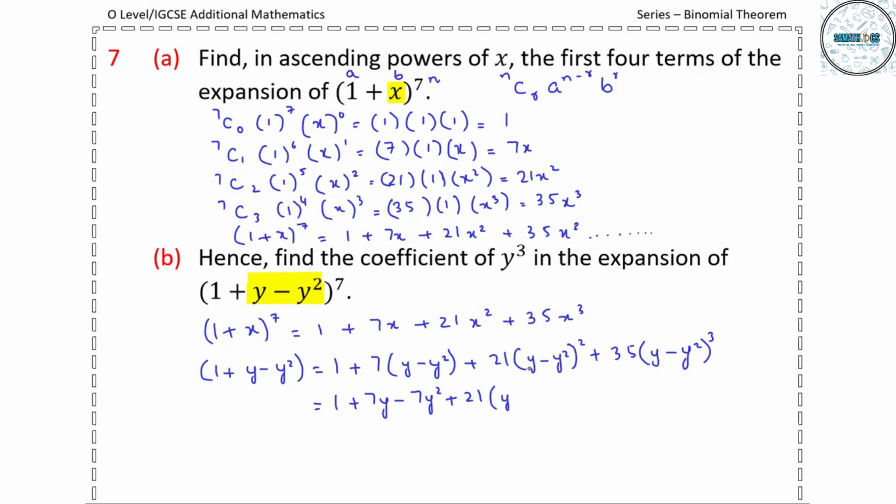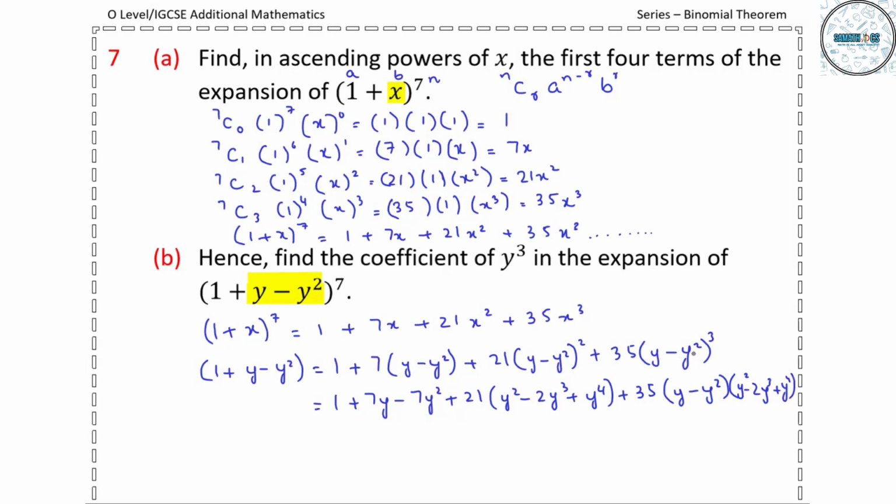We will take the square of the first term, y square. We have here minus sign. So minus 2 into y square, which is y cube, plus square of the second term, which is y square here. So it will become y power 4 plus 35 into y minus y square into y square minus 2y cube plus y power 4.